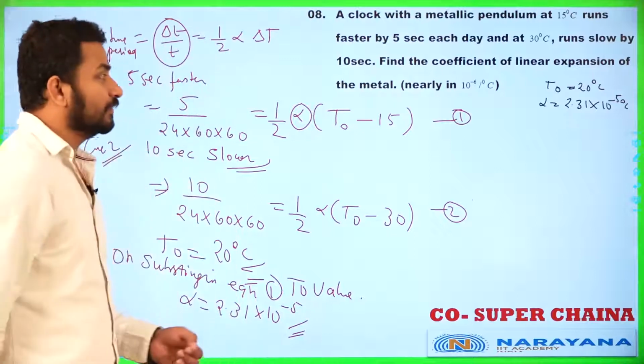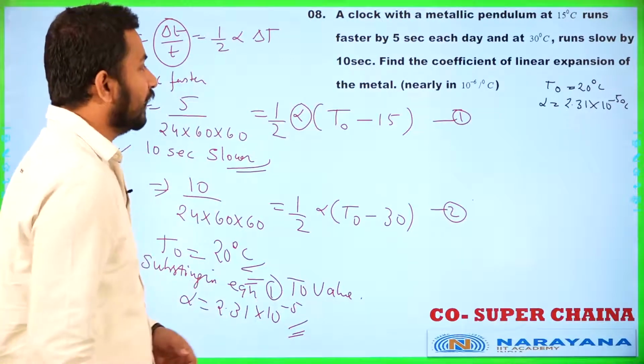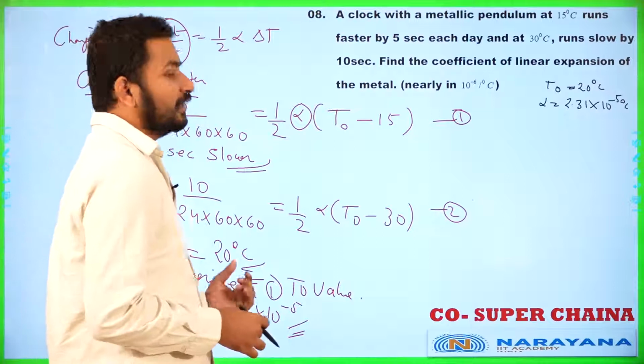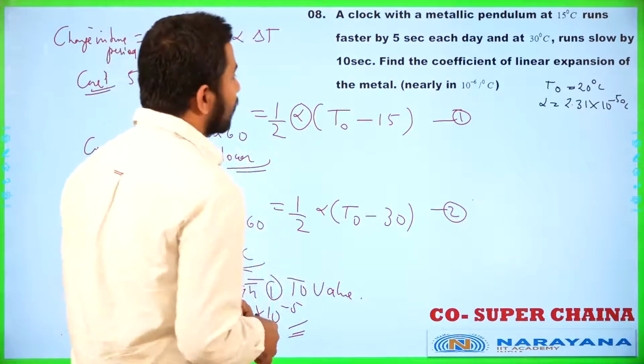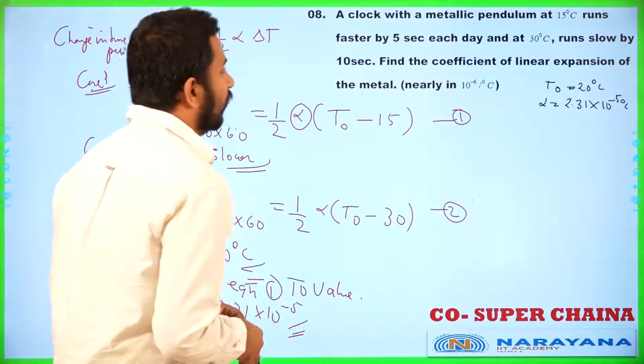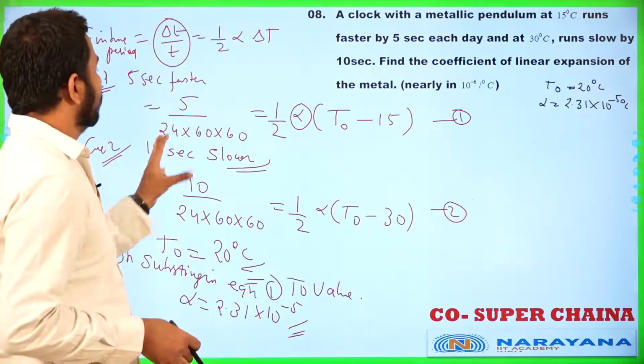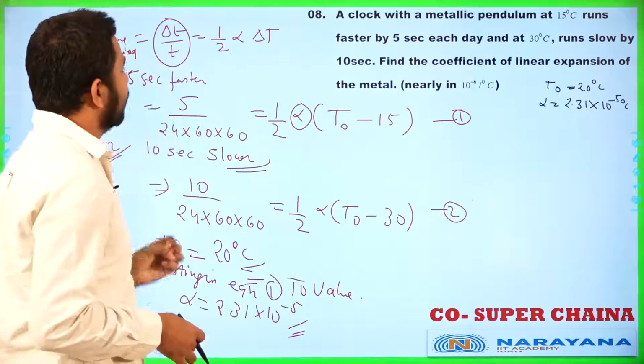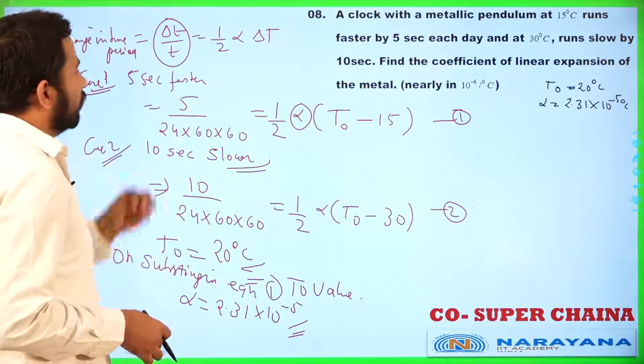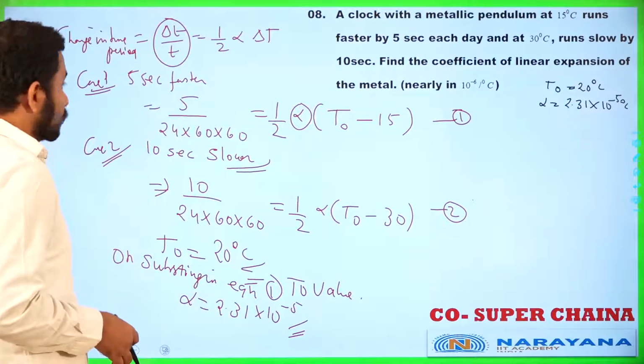That will be the answer of this question, right? Just check the calculation part. The expression for the change in the time period is important here that we have to consider. After that you just do the calculation.